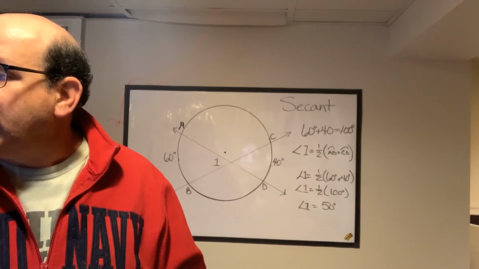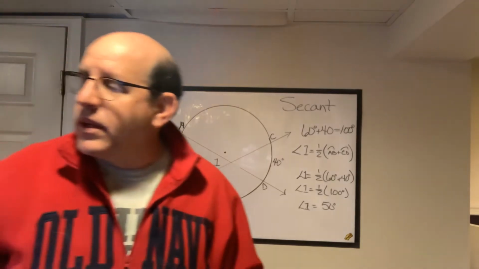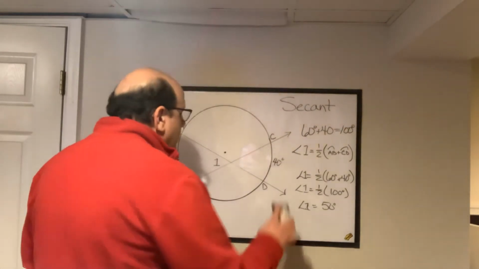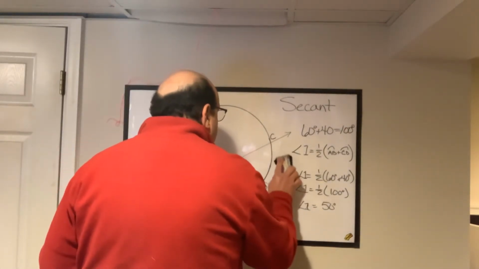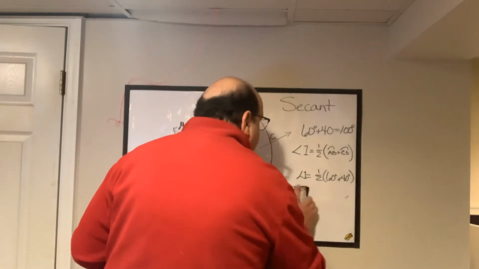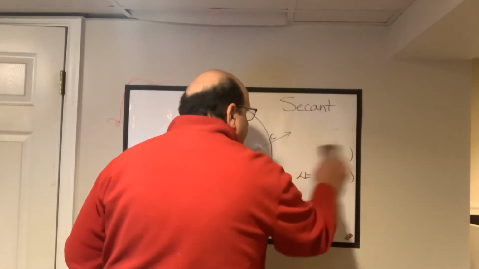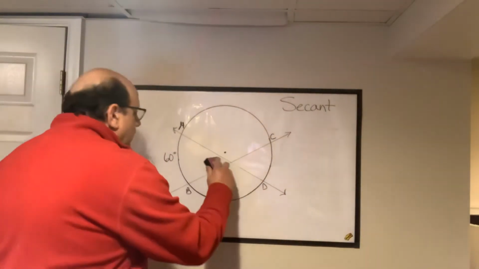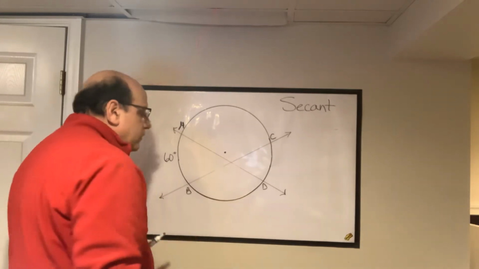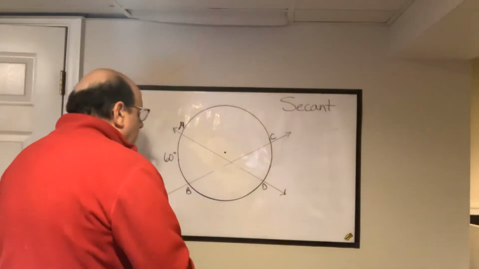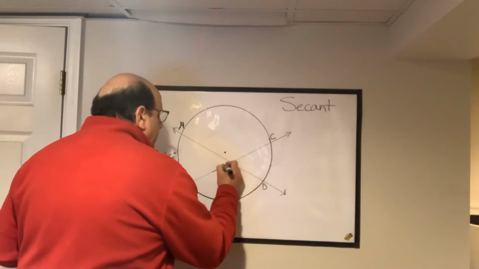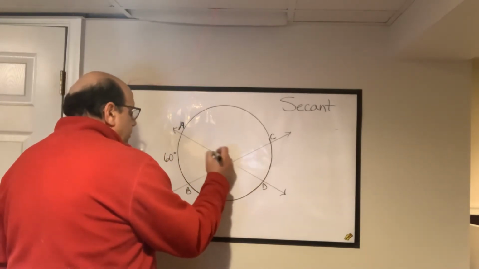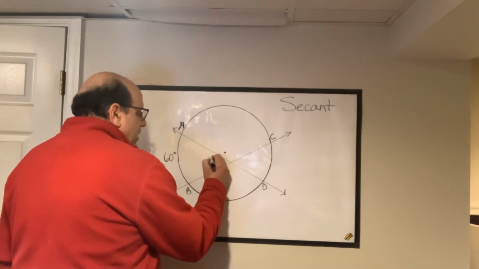They're going to give you a problem that says, I'm not going to give you this arc here, I'm going to give you the interior angle here, and let's just say this is 70.